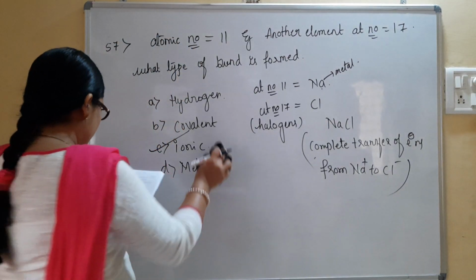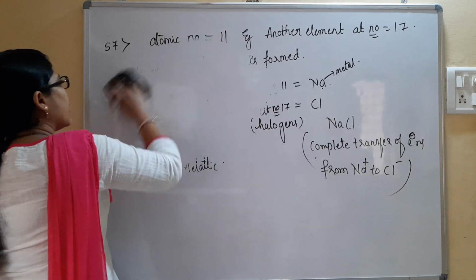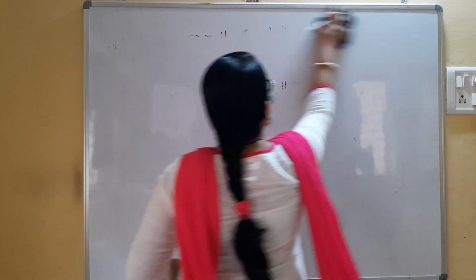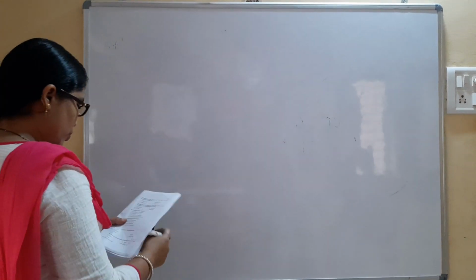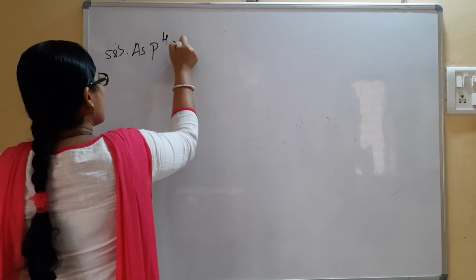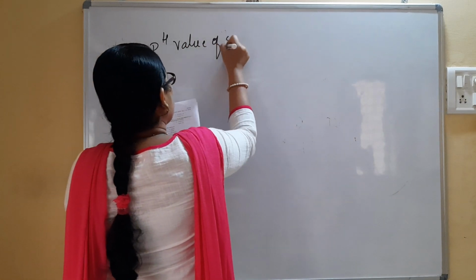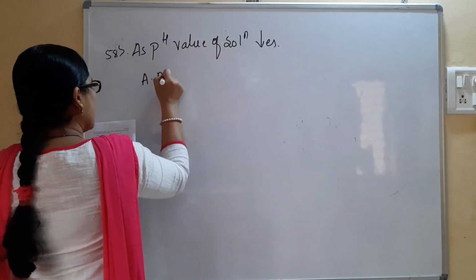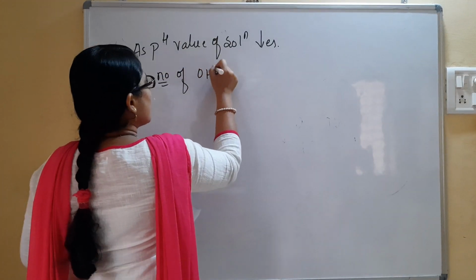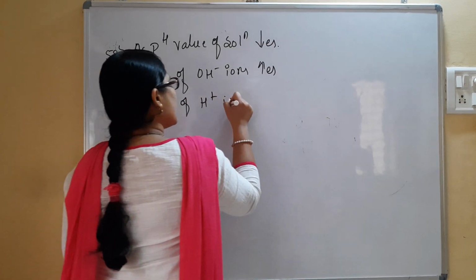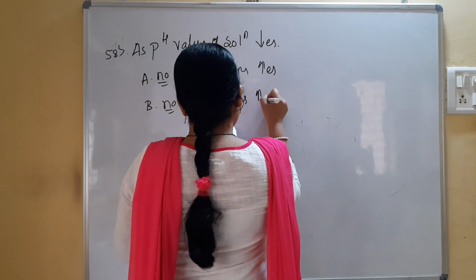So moving to the next question, regarding pH value. When you consider the 58th question: as the pH value of a solution decreases, option A, the number of OH minus ions increases. B, the number of H plus ions increases.